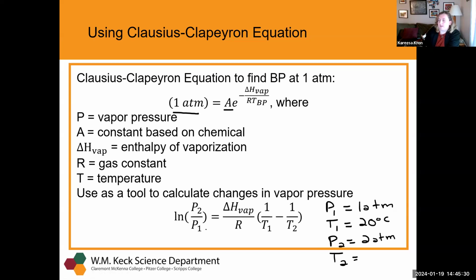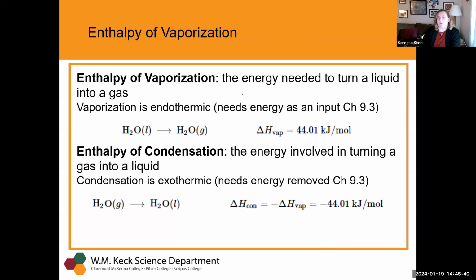We can use it to find this equation. This term, the enthalpy of vaporization, is the energy needed to turn a liquid into a gas. So vaporization is endothermic. It needs an energy input.